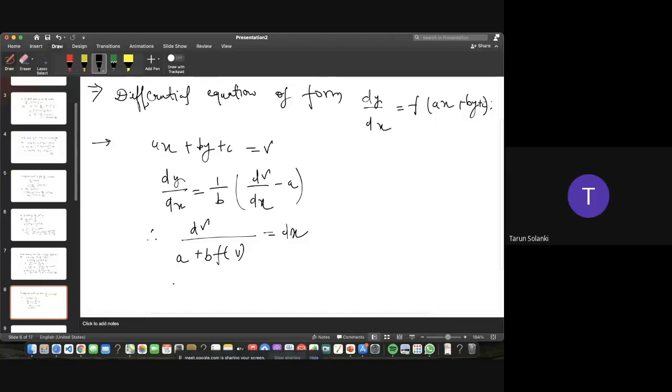So the solution is by integrating dv divided by (a plus b into f(v)), which is equal to integration of dx. Right? So this is our answer. So we will take one question on this, so you will get it better.